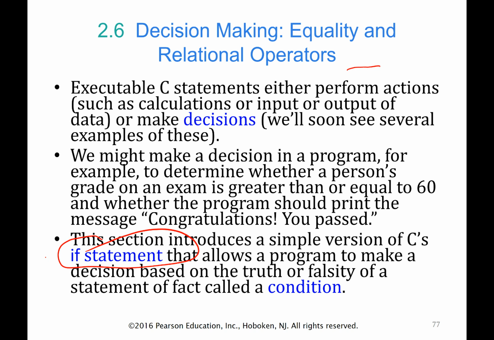Later, we're going to see more complex decision-making blocks, but the if is the simplest of these types. So we have something called a condition, and the condition evaluates as true or false. If a woman has a baby, it's either a male or a female.